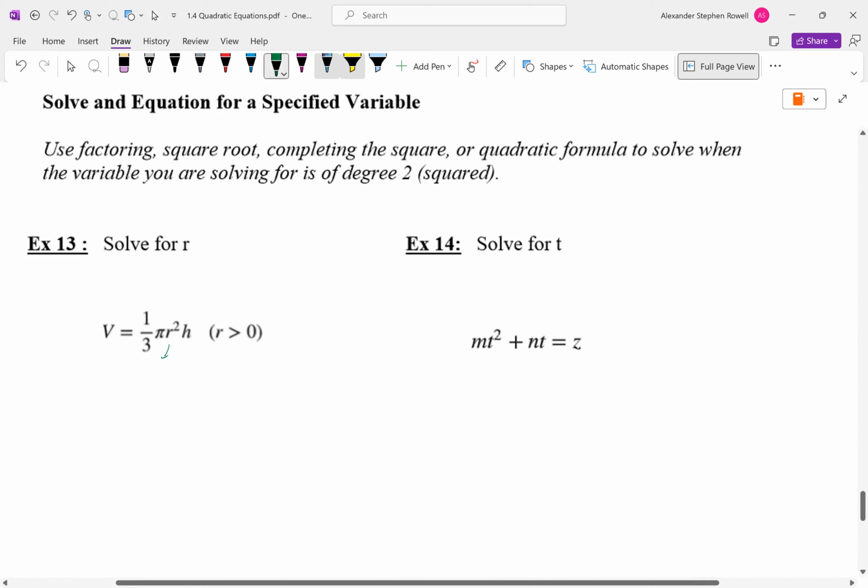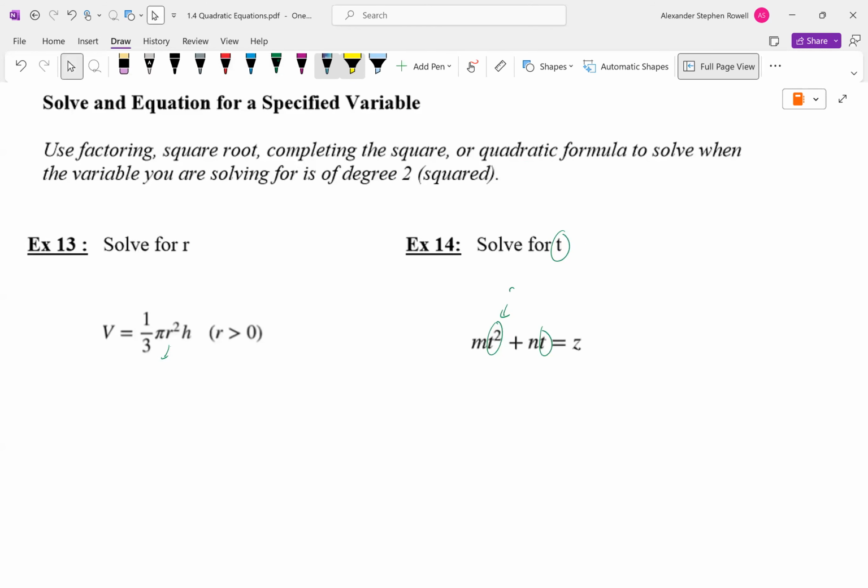This one, we would just use the square root property. So I'm going to do this one to the right, example 14. If I'm solving for t, this is a quadratic equation because t is squared. Right? So I'm going to treat m, n, and z as if they're just numbers and use the quadratic formula or completing the square. So what's the first step I need to do here? I need to subtract z from both sides.